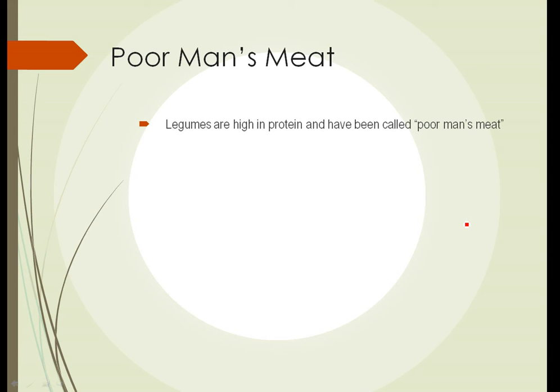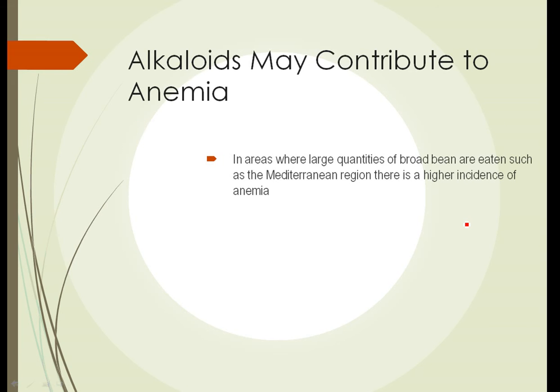It's not all good news, though. Many legumes, certain beans in particular, contain certain alkaloid compounds, which may increase the incidence of anemia. And in certain Mediterranean areas where large quantities of broad beans are eaten, there is a higher incidence of anemia.